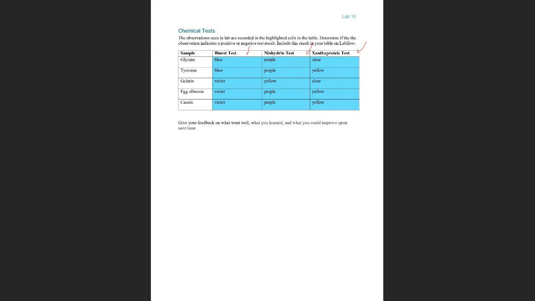The first one, the biuret test, is to test if you have a peptide or proteins with 2 or more peptide bonds.